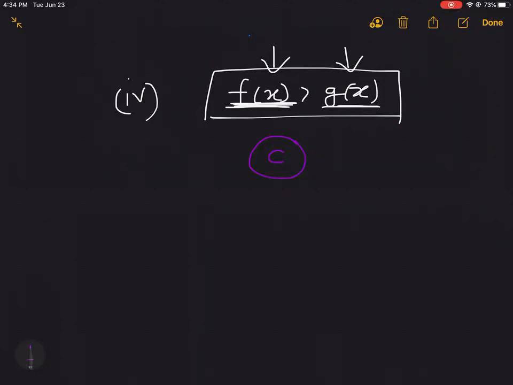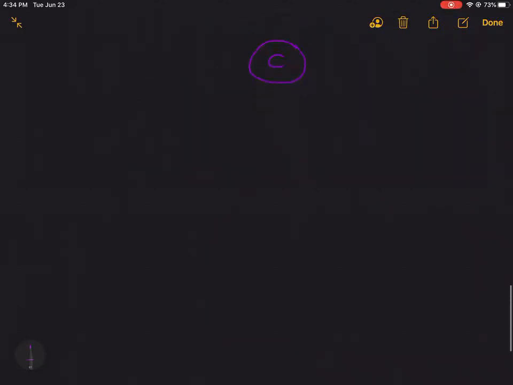Okay, let's try this. So it's number 8 from chapter 3. David has available 80 yards of fencing and wishes to enclose a rectangular area.